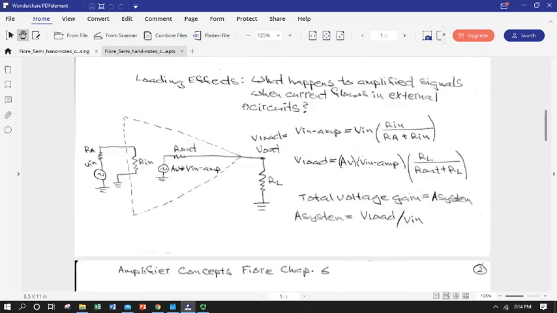Let's put that into practice with developing some math, put this model to work for us. Let's look at what happens when we load the amplifier, and by loading, that means we put in a real signal and we ask the amplifier to give us some real current.